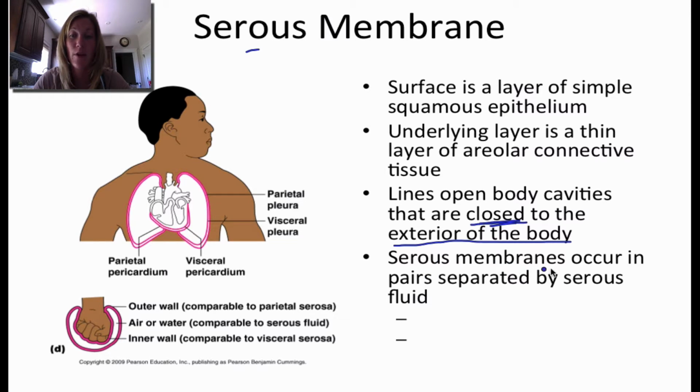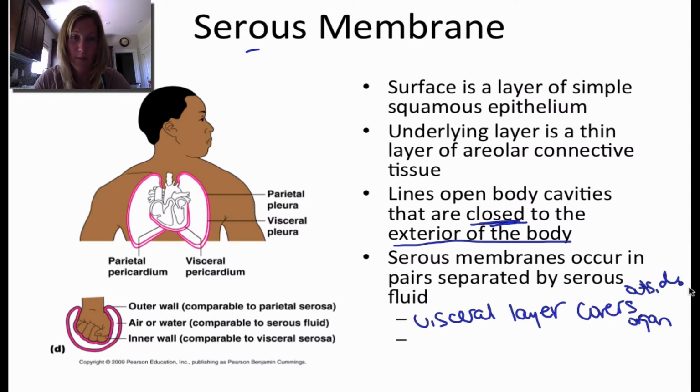The serous membrane occurs in pairs that are separated by serous fluid. So you have a visceral layer. The visceral layer is going to cover the organ, or maybe I should say the outside of the organ.